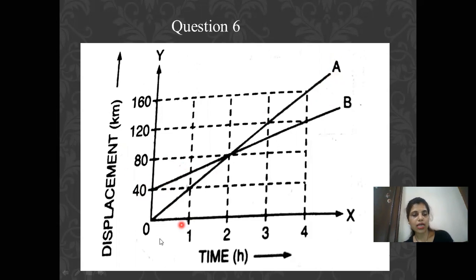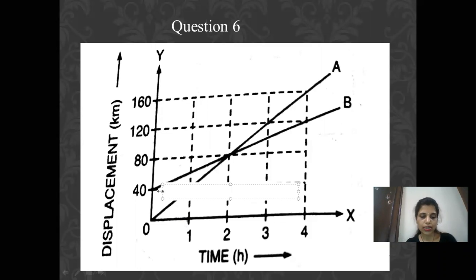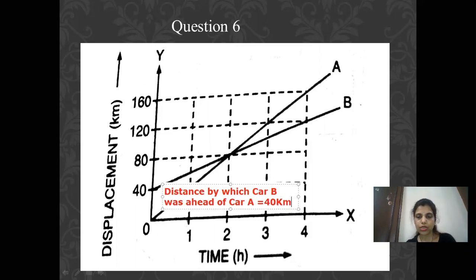So you have to write the answer over here: the distance by which car B was ahead of car A is equal to 40 kilometer. Okay.